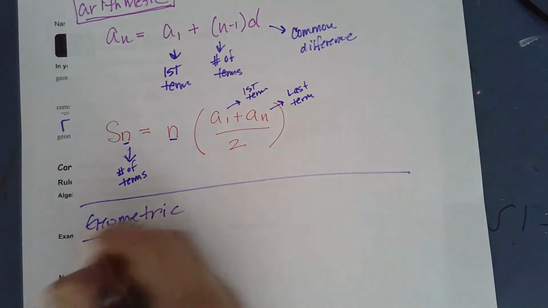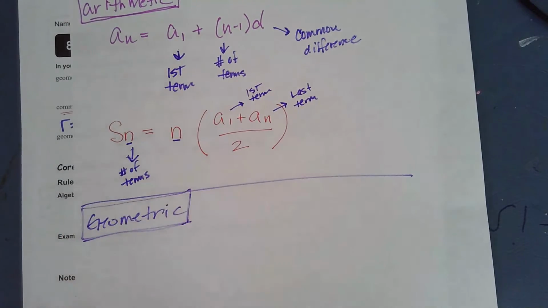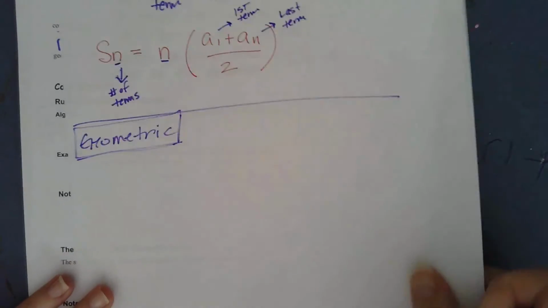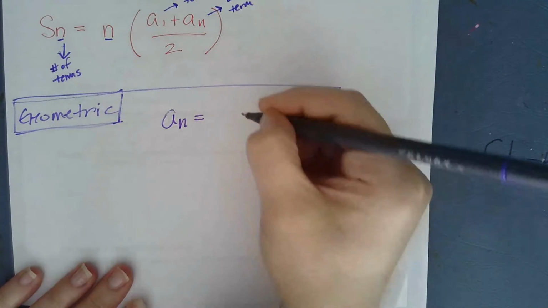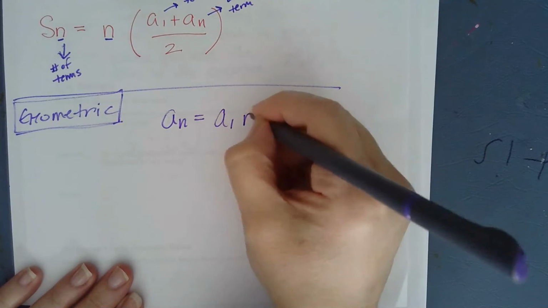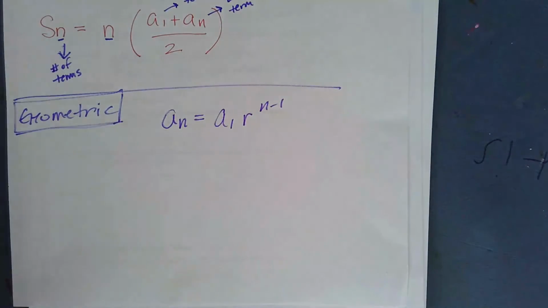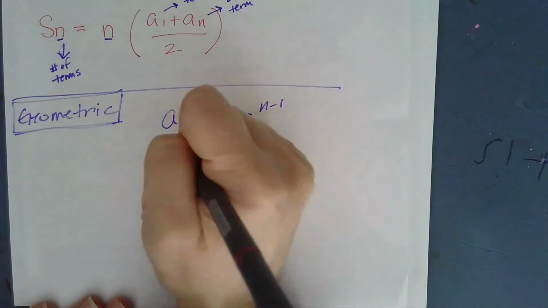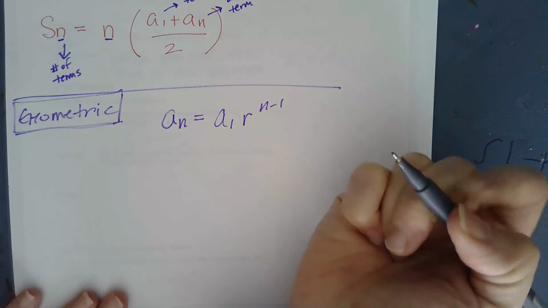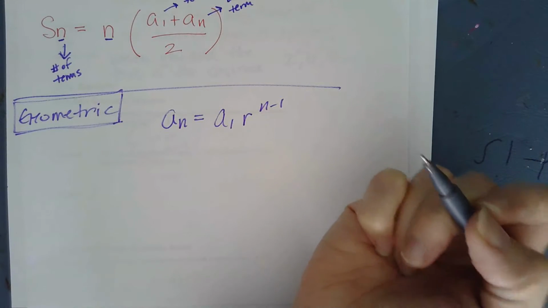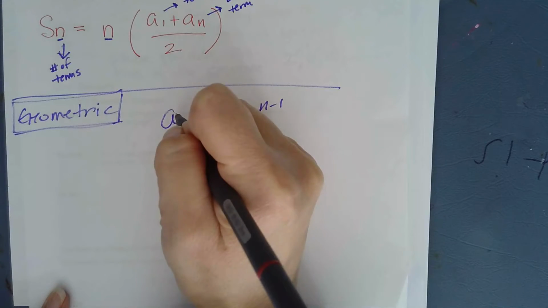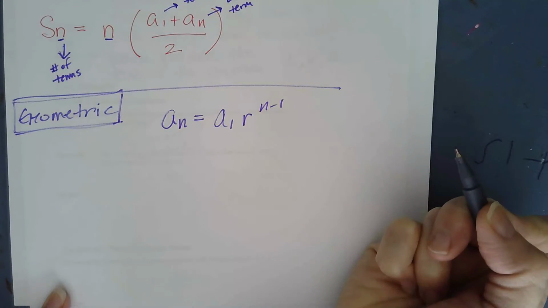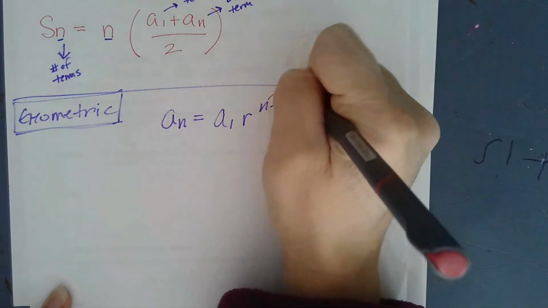There are actually a few more equations with geometric than there are with arithmetic. So the first one is that basic a sub n term. What I want you to remember here is that a sub n represents any term in the sequence. So if we were talking about the 52nd term, whatever the 52nd term would be is what we plug in for a sub n, and n would represent 52 because it represents the number of the term in the sequence.